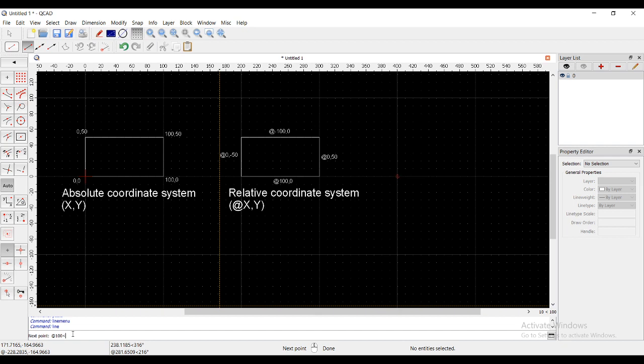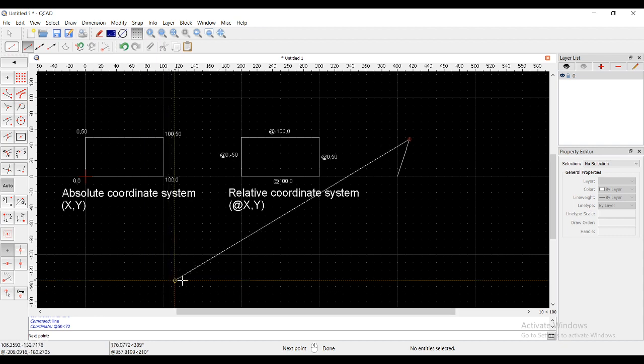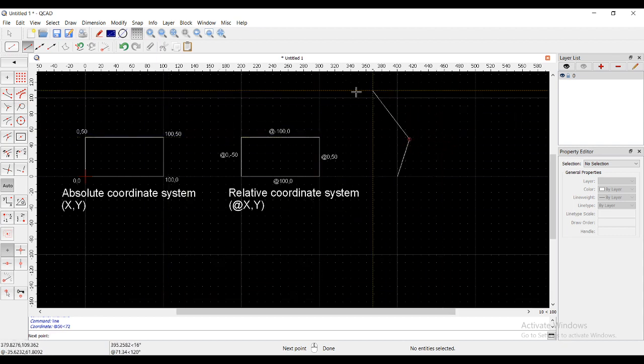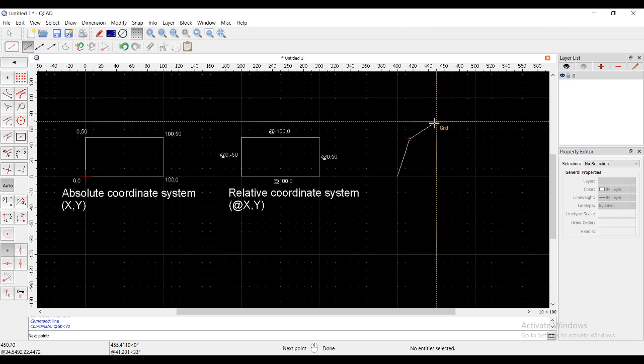Then I will use a distance of say 50 and an angle of 72. This angle will always be measured from the horizontal. If I go with @50 at an angle of 90, that will be a vertical line.